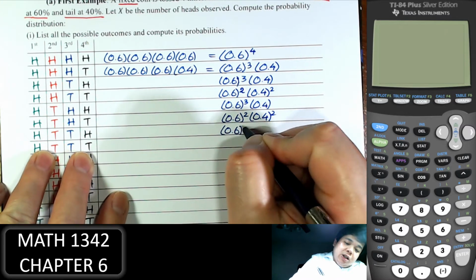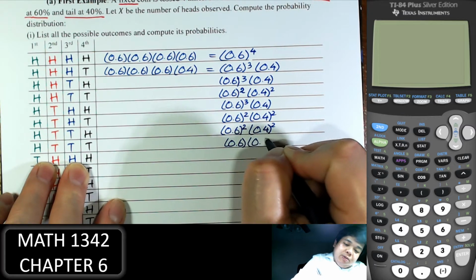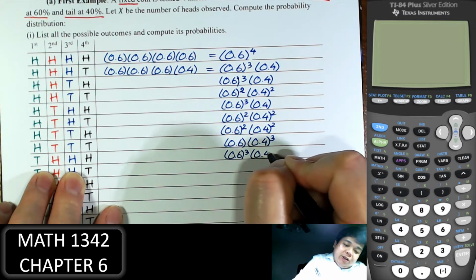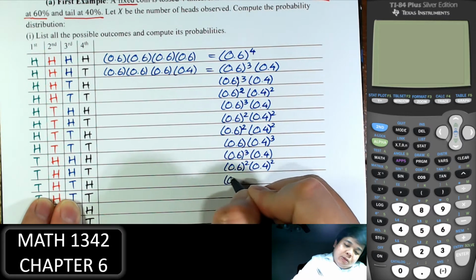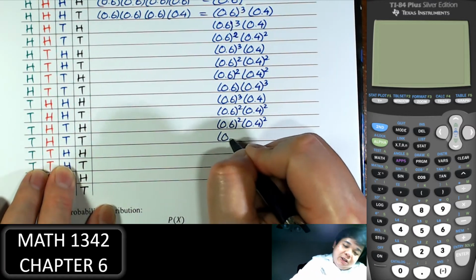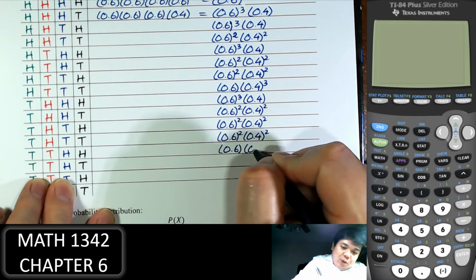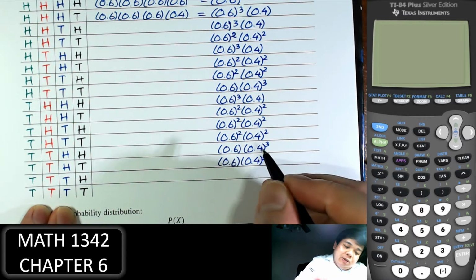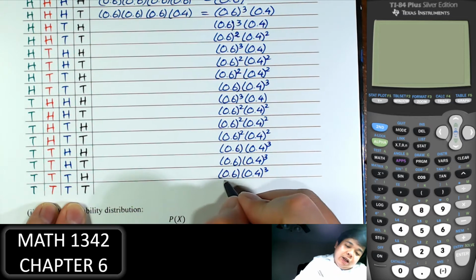Again 2 heads, 2 tails. Then 1 head and 3 tails, 3 heads and 1 tail, 2 heads, 2 tails, 2 heads, 2 tails, 2 tails and 2 heads, 1 head and 3 tails, 1 head and 3 tails, and 4 tails.